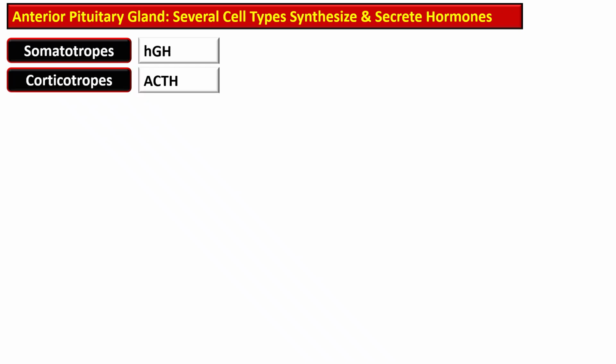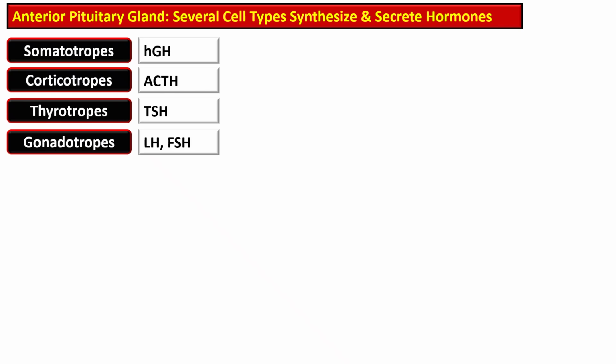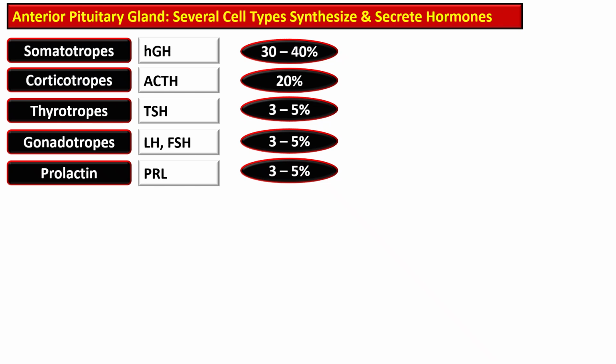The corticotrops secrete ACTH or adrenocorticotropic hormone. Thyrotrops secrete thyroid stimulating hormone, and gonadotrops release luteinizing hormone and follicle stimulating hormone, while prolactin secreting cells secrete the prolactin.